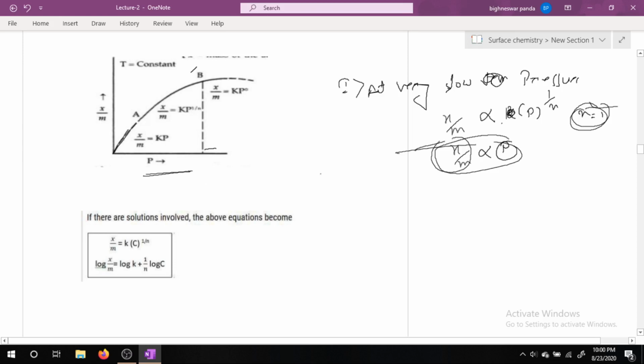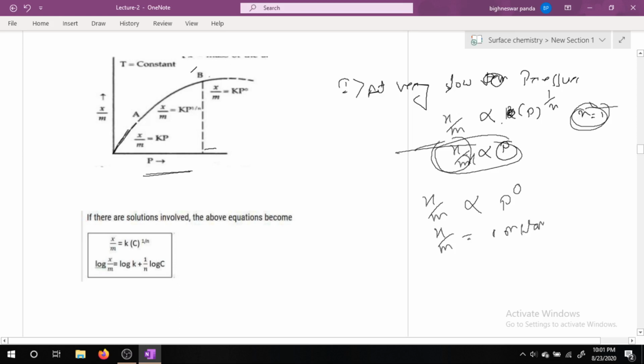For high pressure, the extent of adsorption will become independent of pressure. If I increase the pressure, the extent of adsorption will be independent of pressure. That means x by m is directly proportional to p power 0.